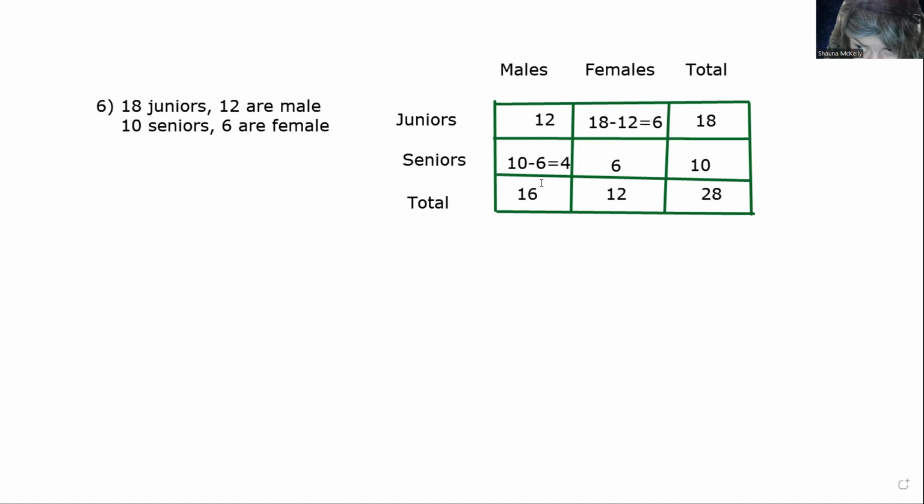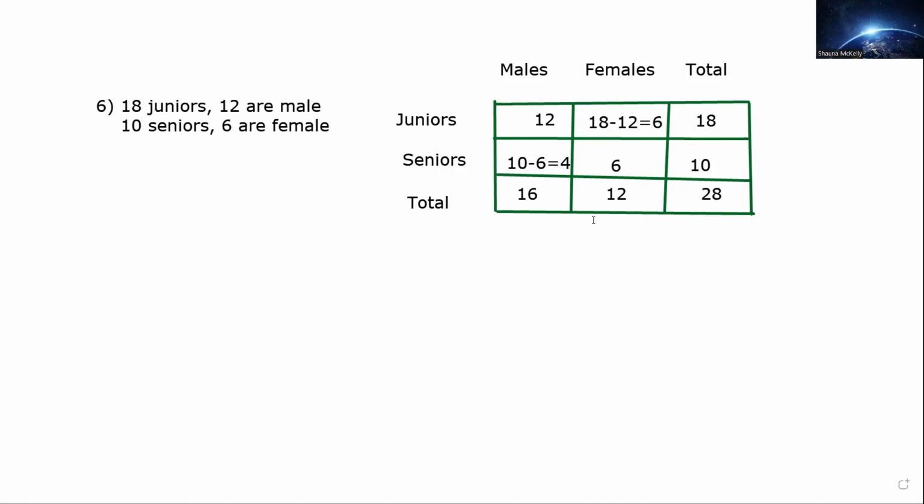Your row total, 16 plus 12, should also be 28. It should match. Sometimes they don't match. If they don't, you've done something wrong in here and your probabilities are going to be wrong. So there's my chart.